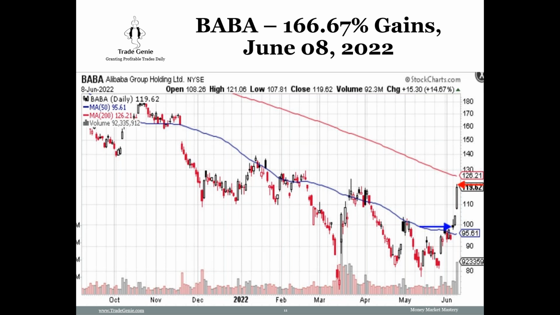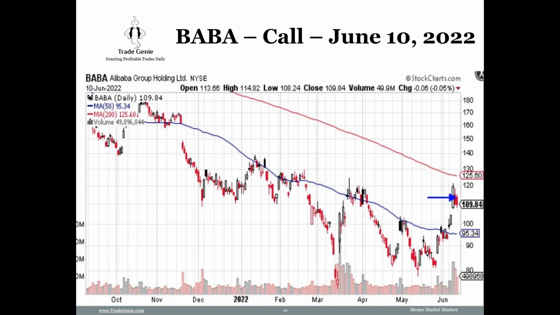When you have a gain of 166 right there in 3 days, you need to take it, because tomorrow you may see a 200% gain, an additional 34%, but you may also see 80% and then zero gain. So 166% in 3 days is better than 200 in an option 5 days later. So I entered here, Baba calls.